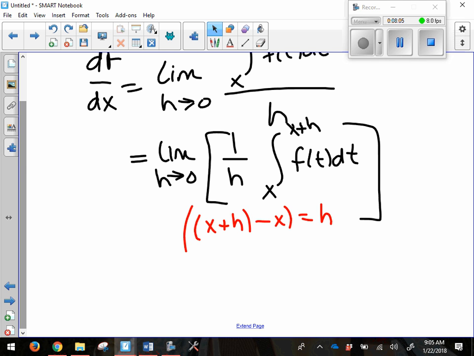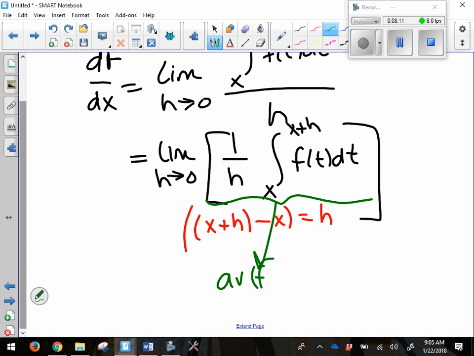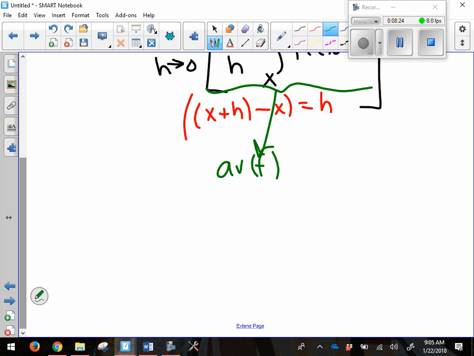Okay, so this is the average value of f. And the mean value theorem, you knew there was a reason why we learned that.